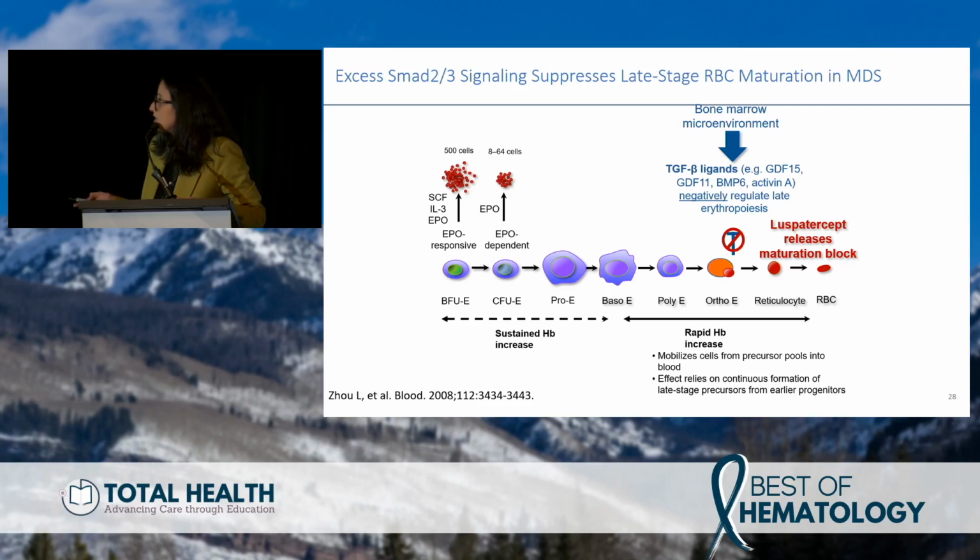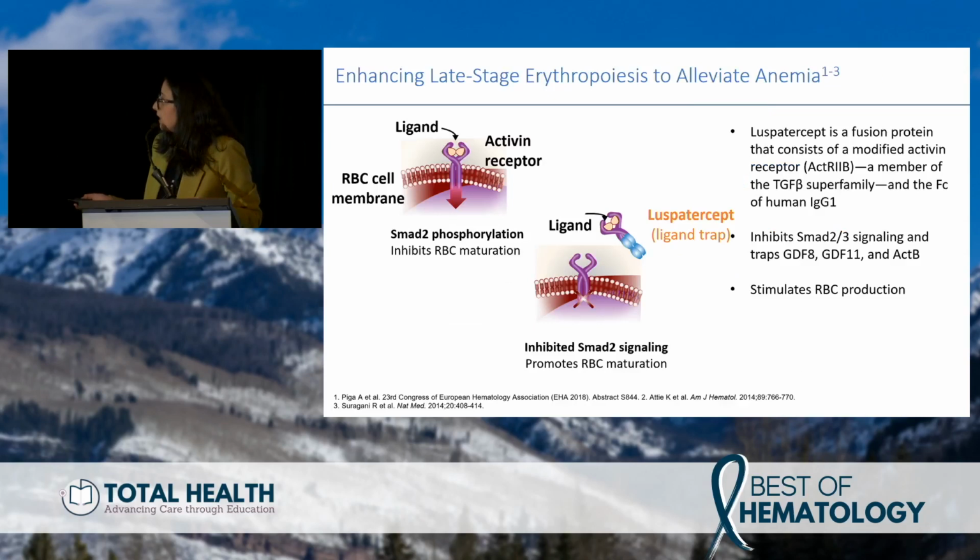And luspatercept is a drug which is considered to be a ligand trap, and it releases this maturation block, and it allows these erythroid precursors to ultimately differentiate and form normal red cells.